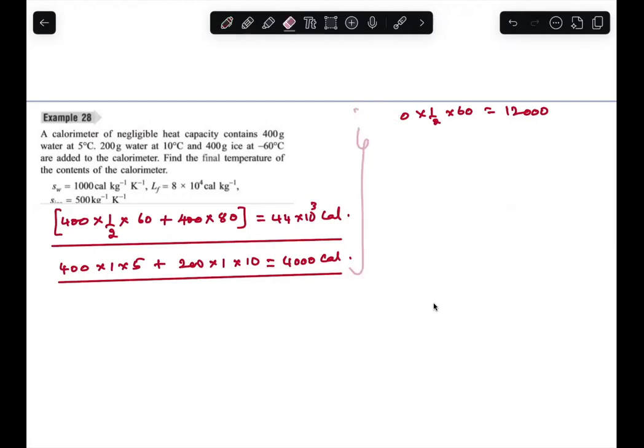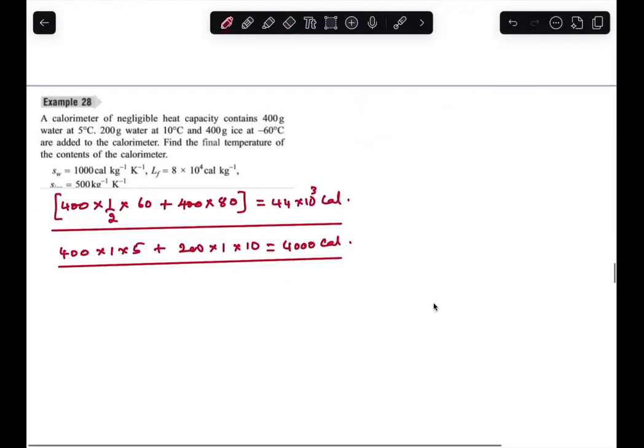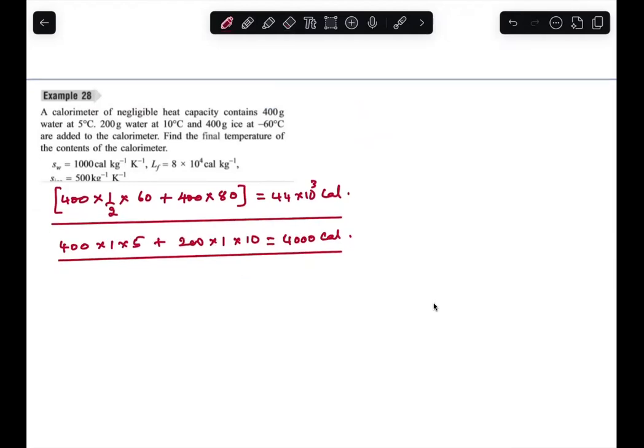So it's a rough calculation. What I need to write here is that 400 grams ice at minus 60 degrees centigrade will come down to 0 degrees centigrade ice first. For this purpose, we require 400 into half into 60. This is 12,000 calories.